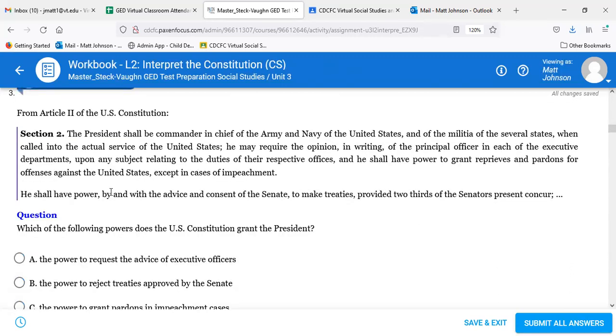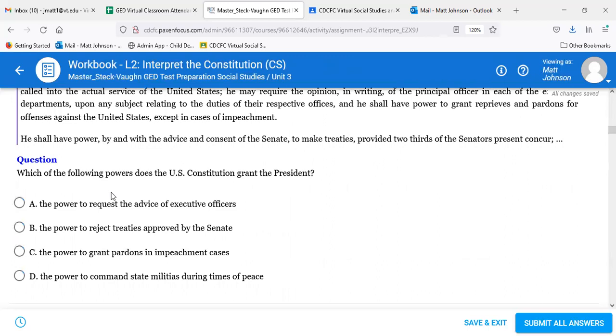Tracy, could you read question 3 for us? Yes. Which of the following powers does the U.S. Constitution grant the president? A, the power to request the advice of executive officers. B, the power to reject treaties approved by the Senate.